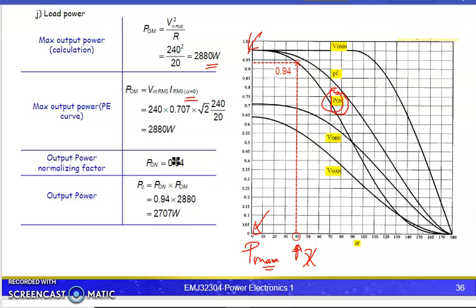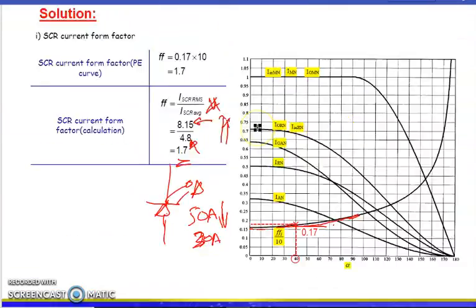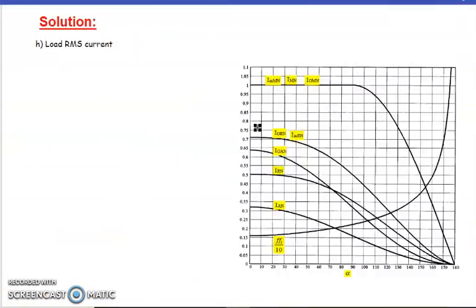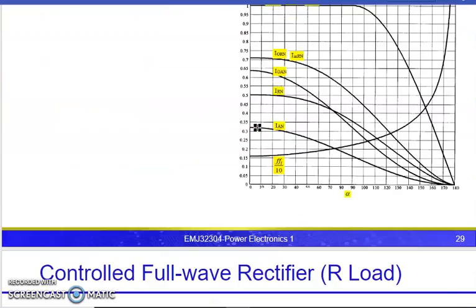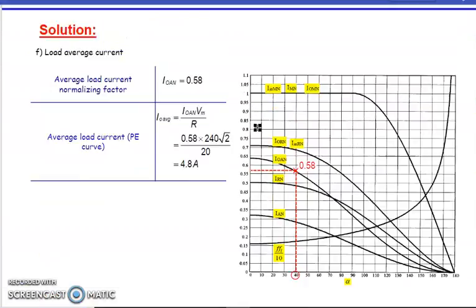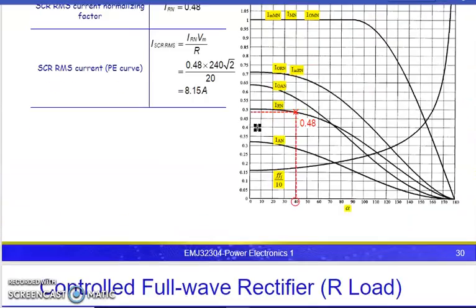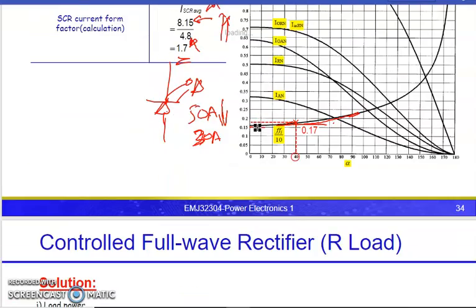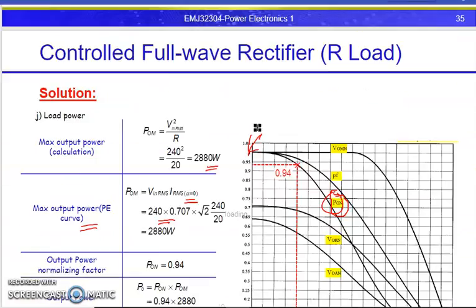At maximum power, the same goes here. V in RMS, we found at alpha equal to 0, is 240 volt. No, V in is not altered at any alpha. V in is still 240.